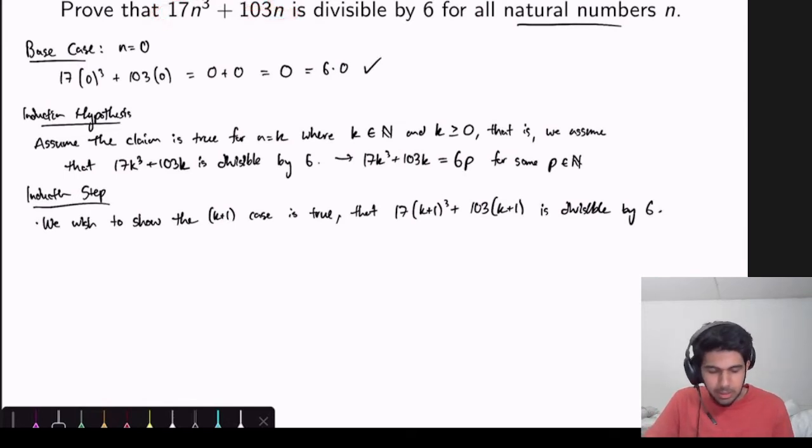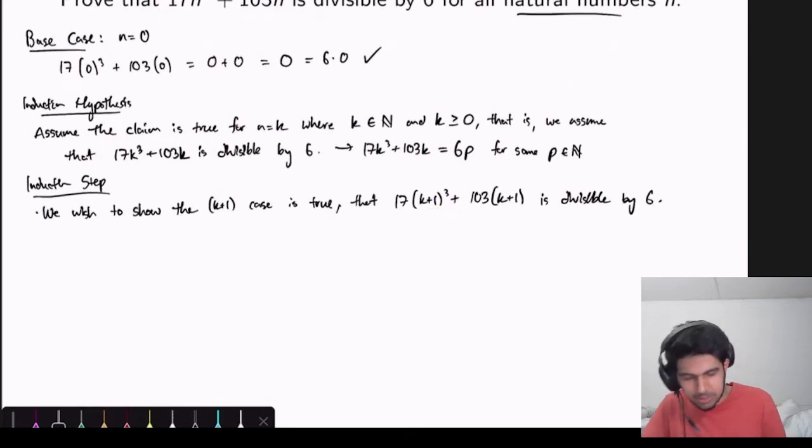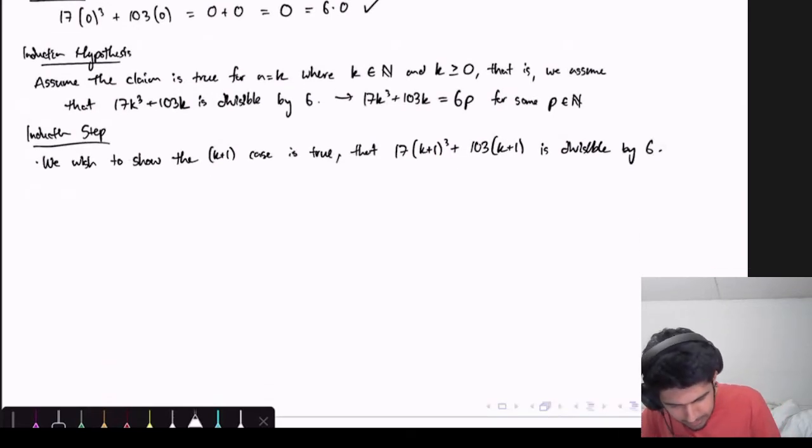All right, well, we're going to work with this, and we want to show it's divisible by 6, and we know at some point we want to use this thing here, where we assumed 17k cubed plus 103k is divisible by 6. We're kind of there, but there's a lot of things that we have to work out, so let's figure things out. So 17 times (k plus 1) cubed plus 103 times (k plus 1).